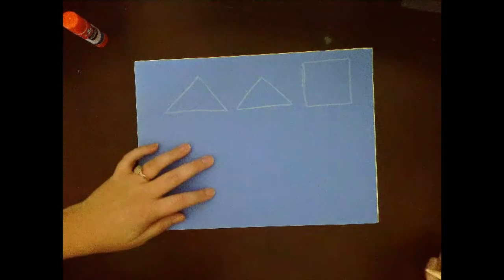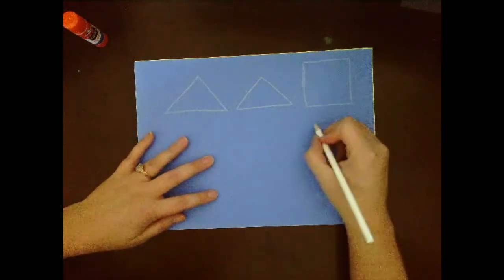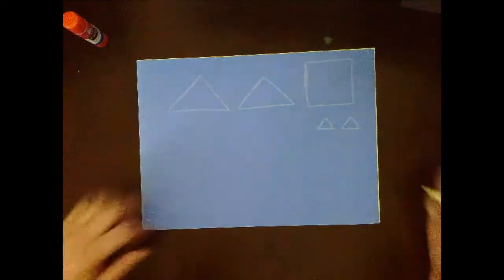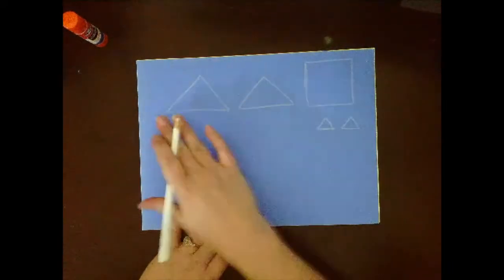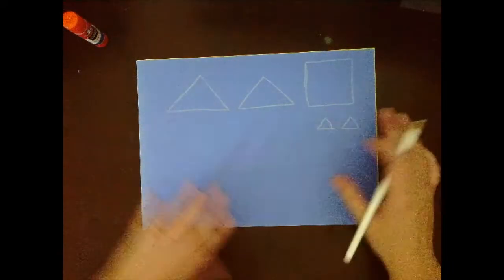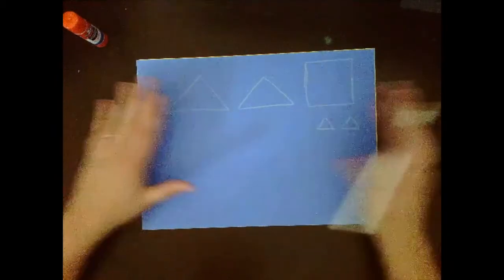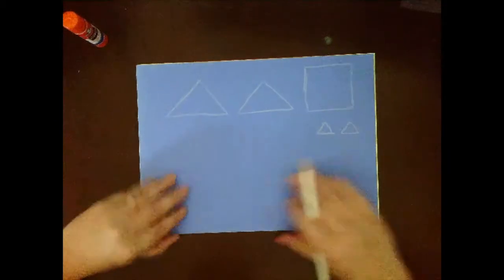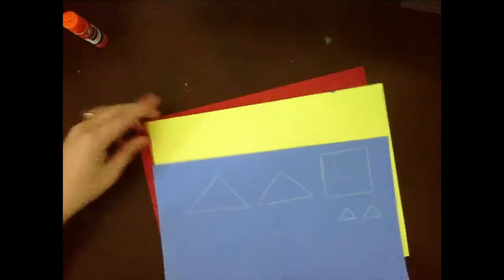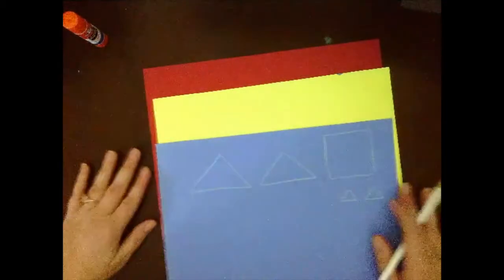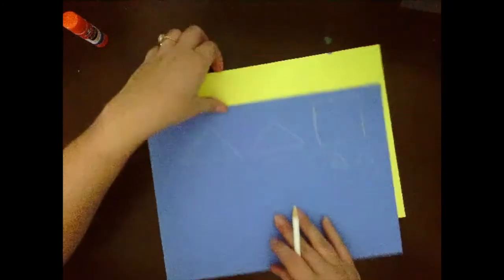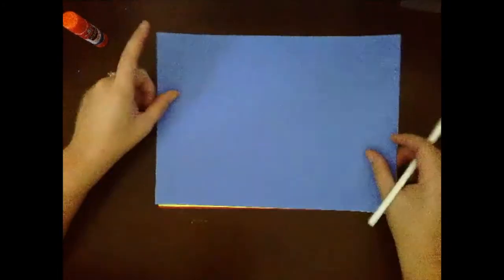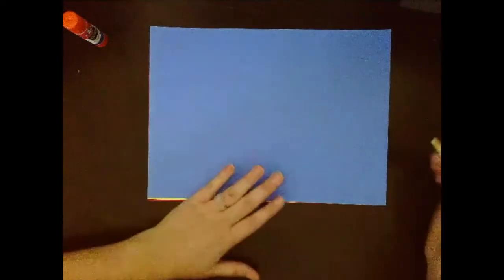You can draw 2 large triangles, and those will be for the wings. And then you can draw 2 smaller triangles for the ears. And then you can cut those out, and you would draw the same set, the square, the 2 large triangles, and the 2 small triangles on the rest of the paper colors that you still need.